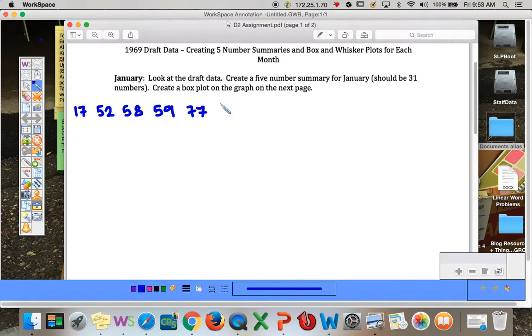The next one was 92, 101, 118, 121, 140.